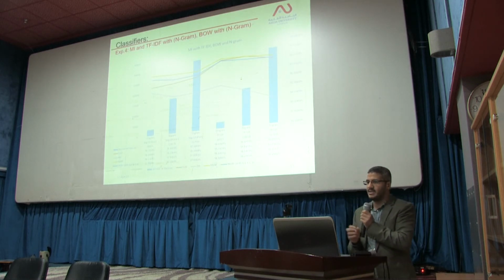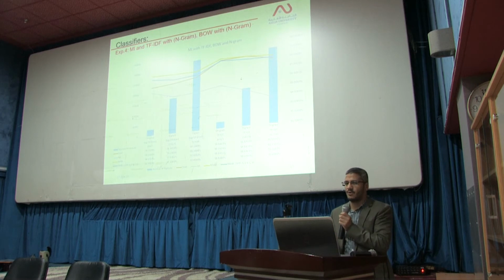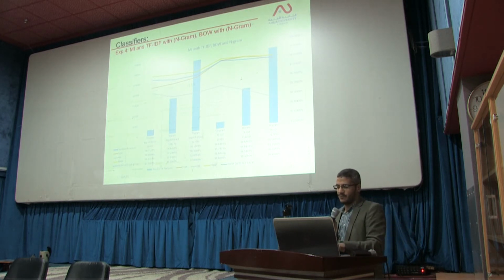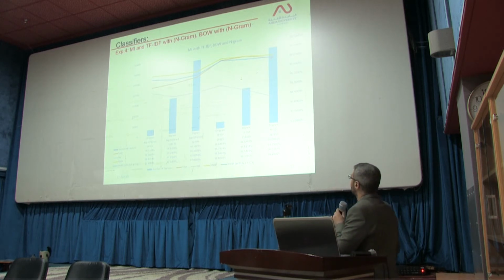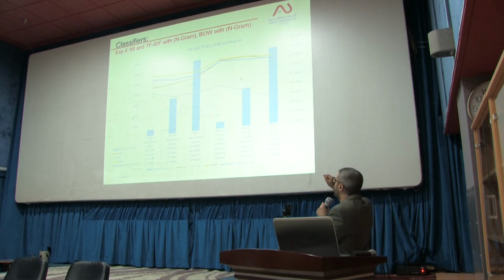Okay, after we noticed that mutual information with TF-IDF is better than bag of words or chi-square with bag of words, we implemented N-gram. Here, using TF-IDF with N-gram will give better accuracy with less features.